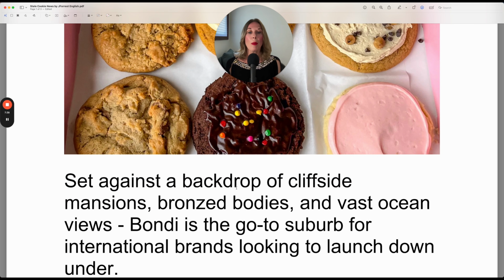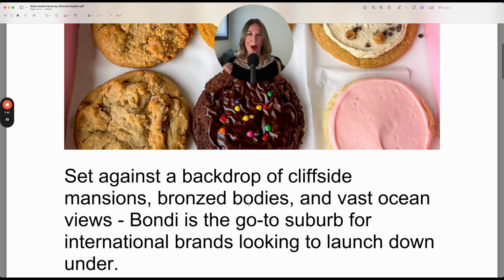Set against a backdrop of cliffside mansions, bronzed bodies. Do you know what this represents? Bronzed bodies? Well, my body is not bronzed because I am very pale. I don't tan. So a bronzed body would be a tanned body. A tanned body, not mine, a tanned body.